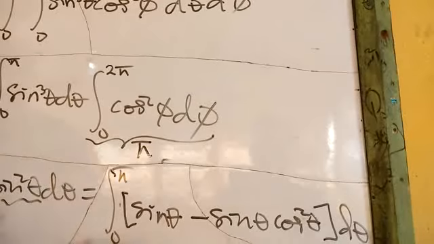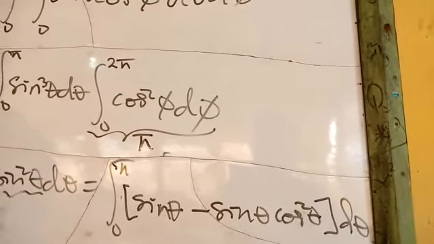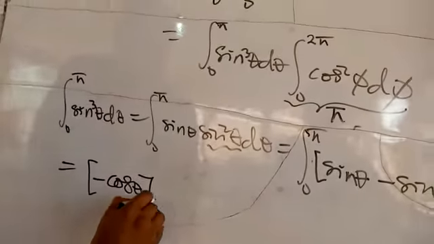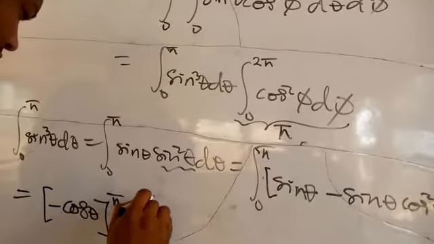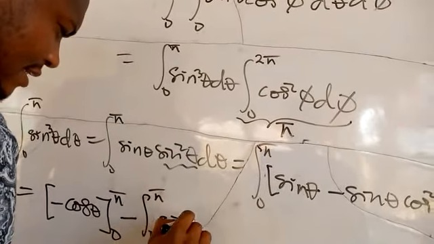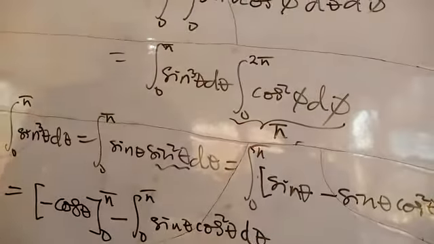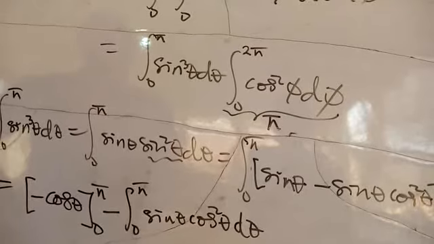Now, if I did that, I have a d theta following this one. The first one will be sort of minus cos theta, because differentiating this is what will give me that. Then I'm going to have a minus sign here, an integral of 0 to pi of sine theta cos squared theta d theta. At this point, I'm going to get a minus sign. It wouldn't matter.